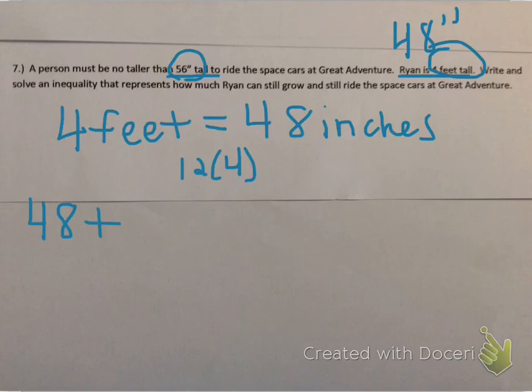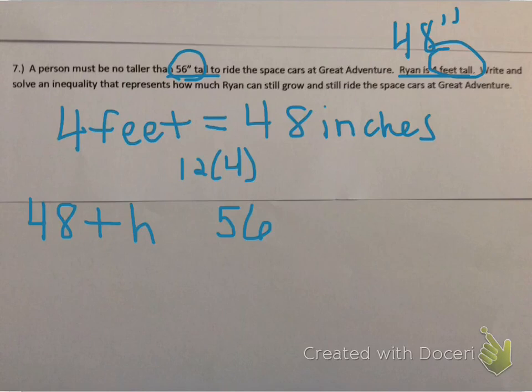Do we know how much he could grow? No. So we're going to use the variable h. So we have my current height plus the amount I'm going to grow. And now where we're heading to is the 56 inches, the height limit. So that's 56.